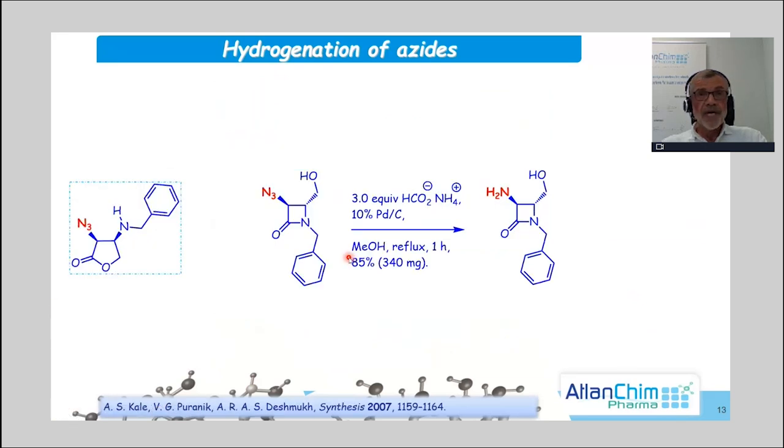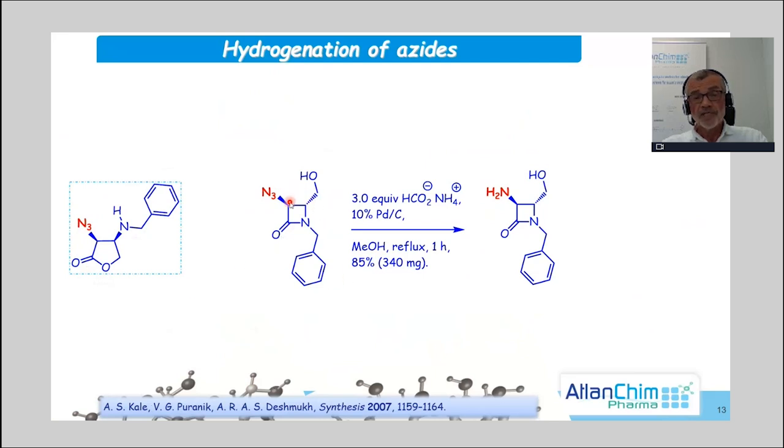So, in the formal synthesis of D-plus-biotin, all attempts to reduce the azido group here of this lactone by catalytic or transfer hydrogenation or using the Staudinger reaction failed.